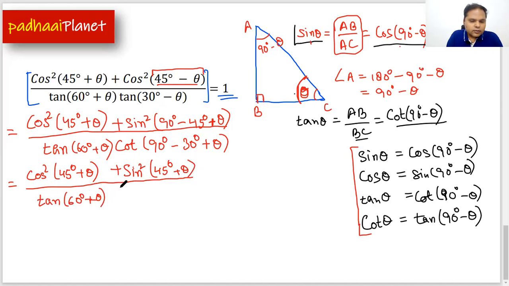And here this cot 90 minus 30 plus theta becomes cot 60 degree plus theta, right?